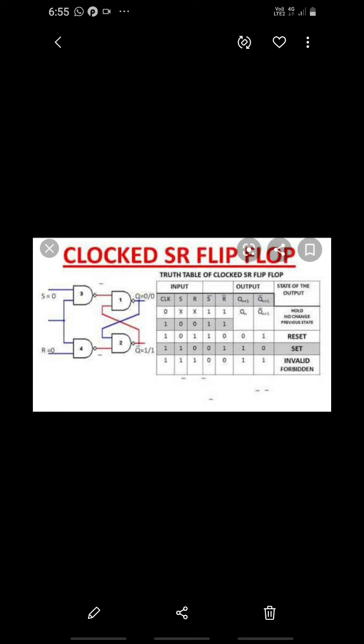When the clock is high, then SR 0 0 means no change, and 0 1 means Q is 0, that means reset, and 1 0 means Q is 1, and the operation is set, and for 1 1, it is forbidden, that means not a perfect output here.